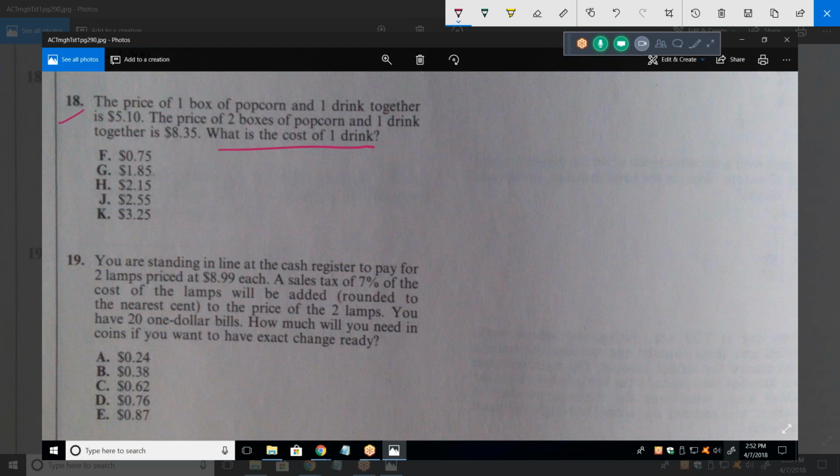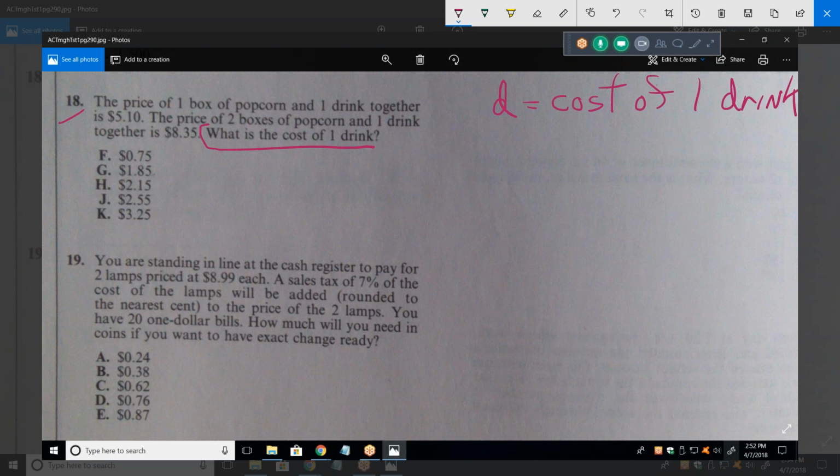So what variable am I going to put in there for the cost of one drink? D. And I'm going to spell it out because it is important to spell it out. You'll see why in a moment.